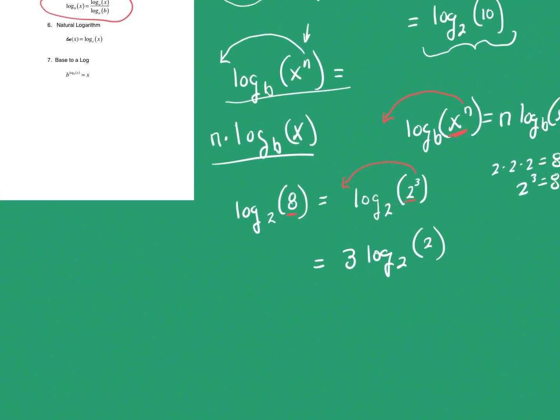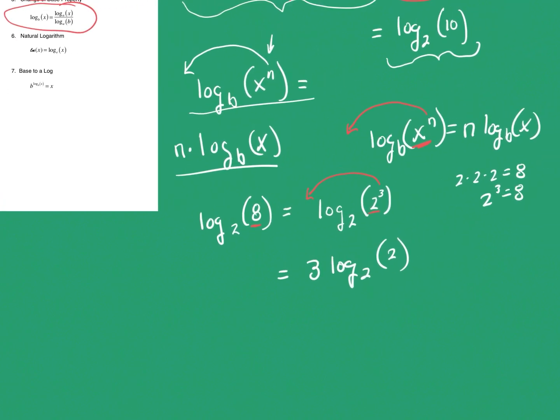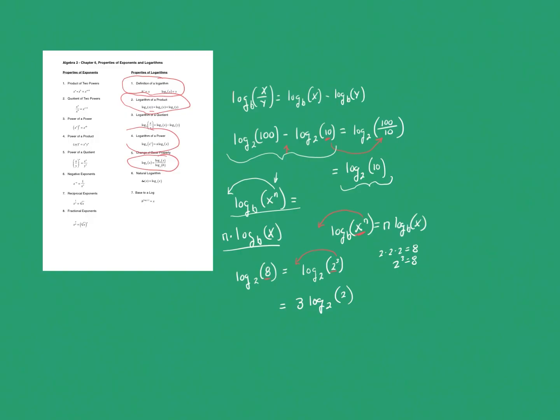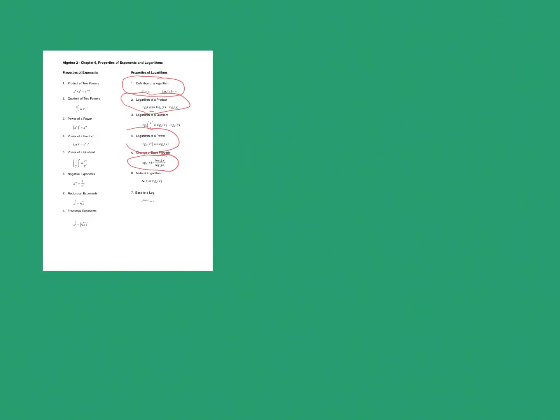Okay, our last property is one that you'll use with your calculator a lot. This is called our change of base property.